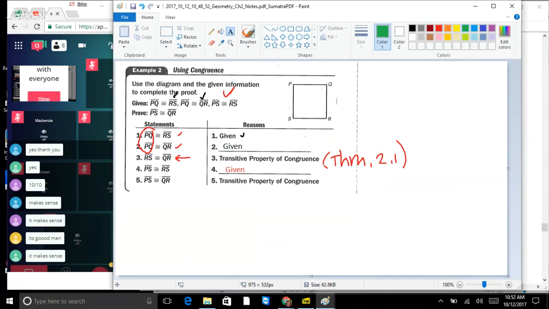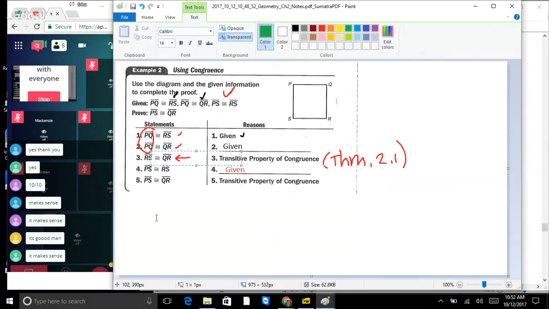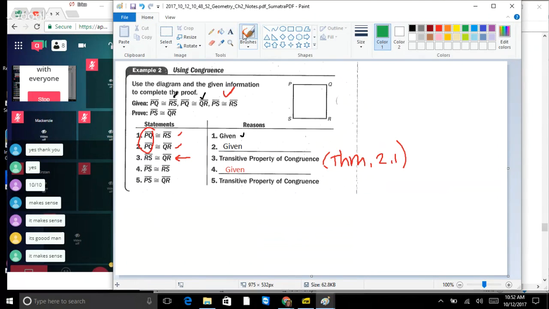Now if you look at these two, we have an RS here and an RS here. So because, again, of our transitive property of congruence, we can say that PS is congruent to QR, again using theorem 2.1.